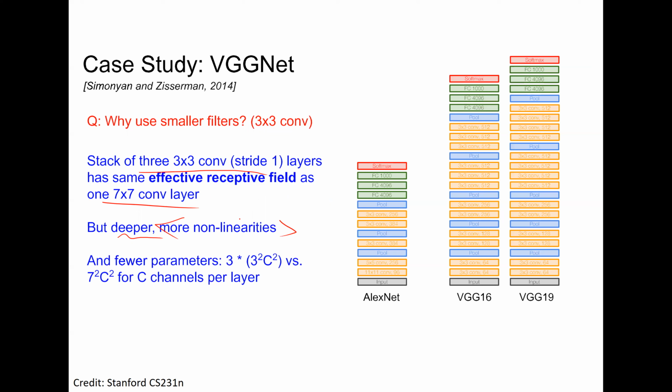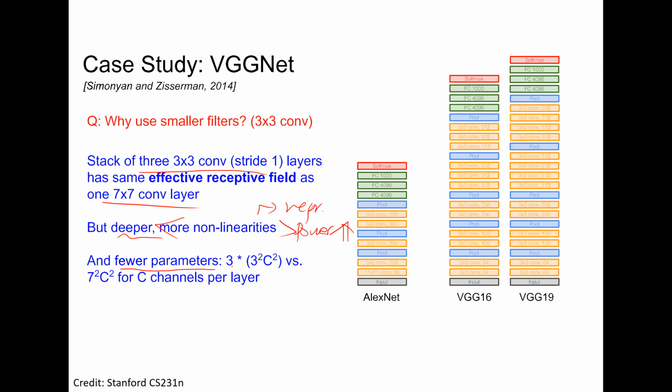And by employing more nonlinearities, the representation power improves. And another advantage of using multiple smaller convolution filters rather than a small number of large filters is we can use fewer parameters.